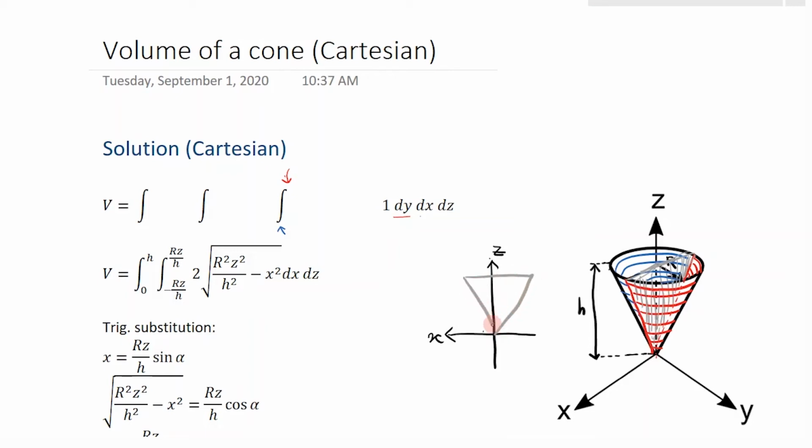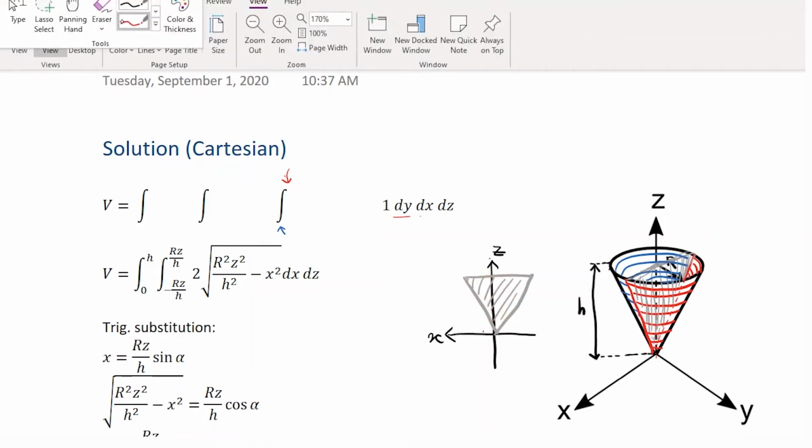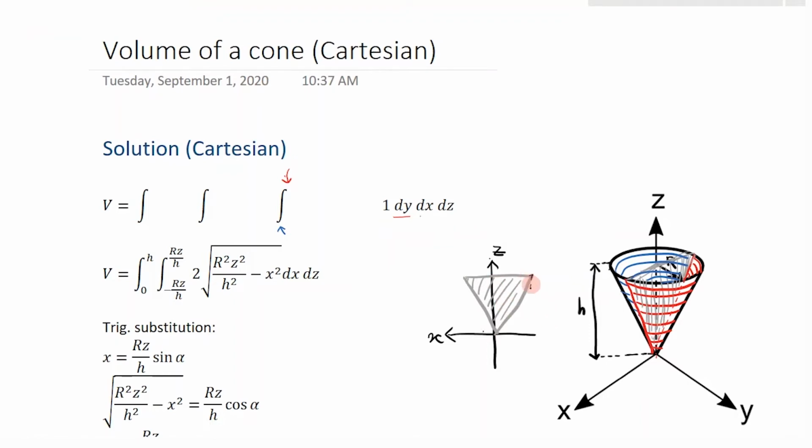Now we just need to figure out what the bounds would look like for a triangle like this. Here it would be at negative r, here at r, and here at h. The bounds on z are outermost, so we're going to have 0 to h.